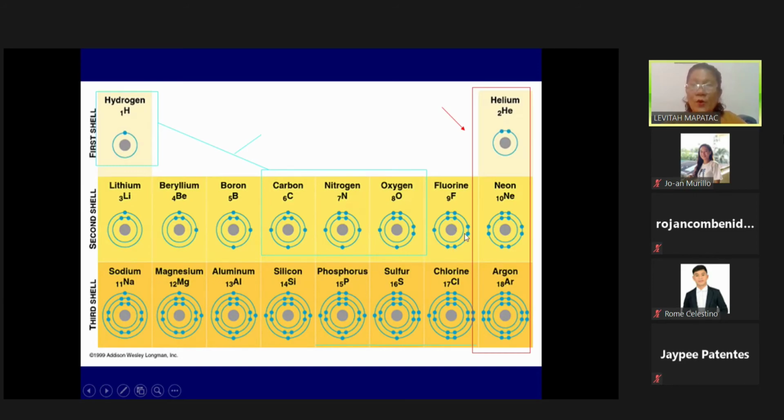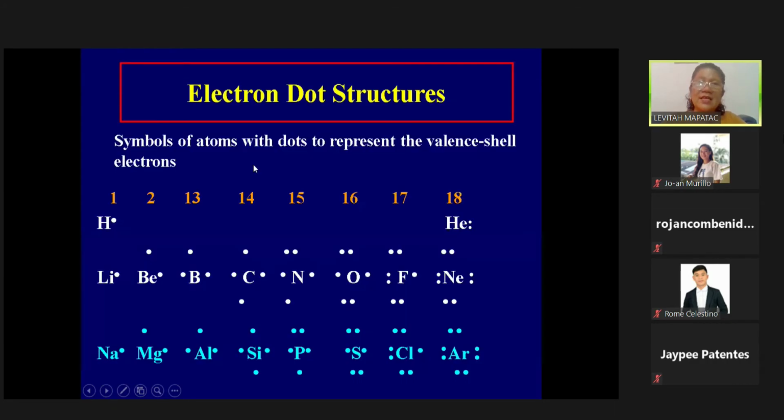Fluorine, how many? Outside, 7. Chlorine, how many? 7. Okay. So why are the elements grouped this way? Because of the electrons in the outermost shell. Okay. So this is now the dot.